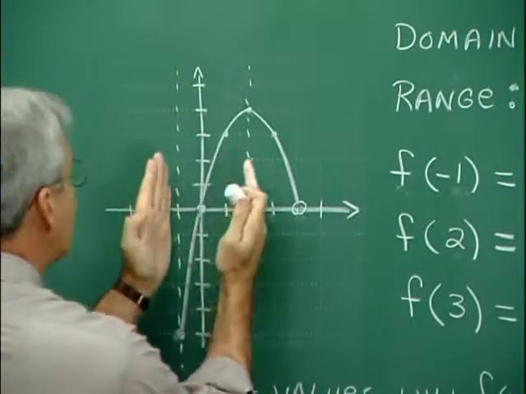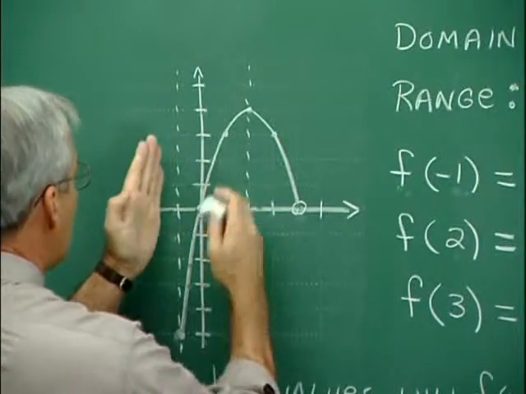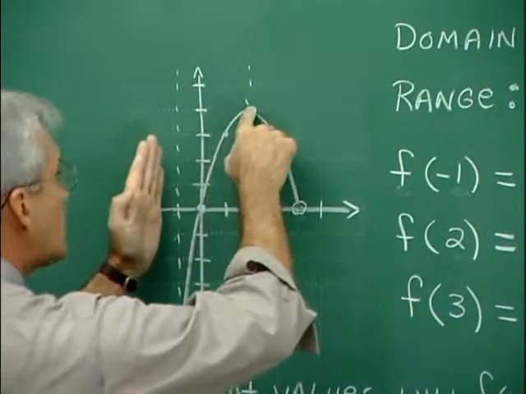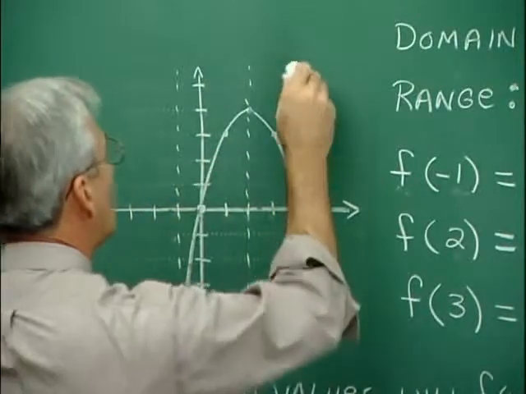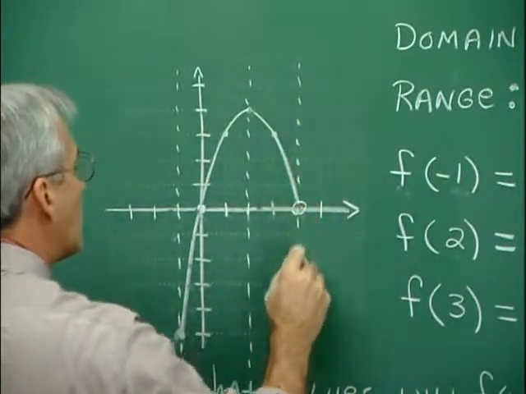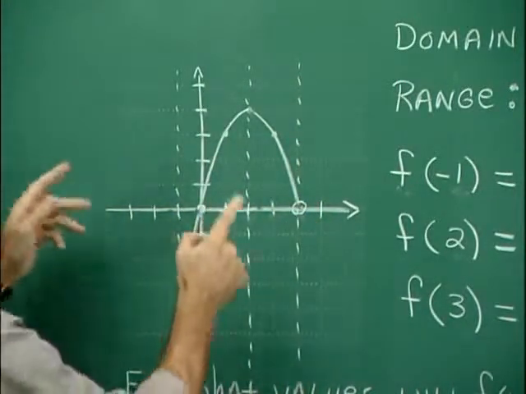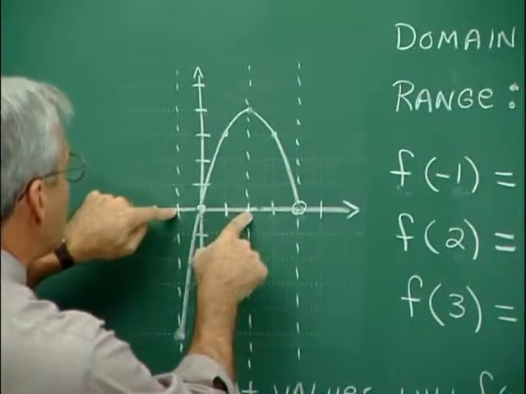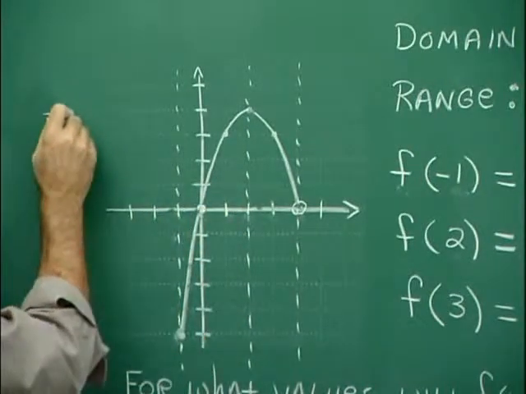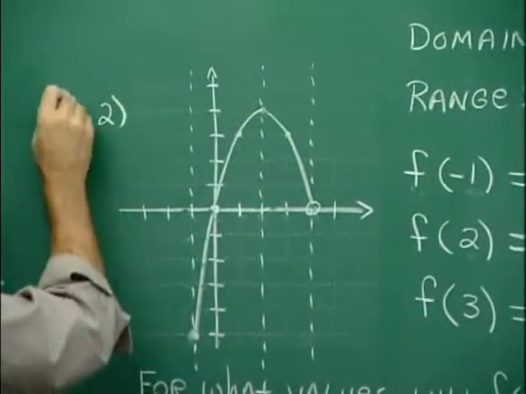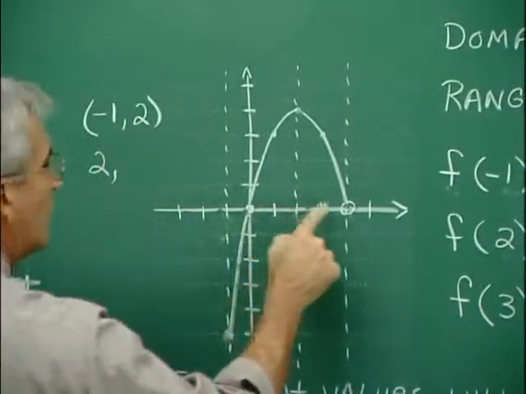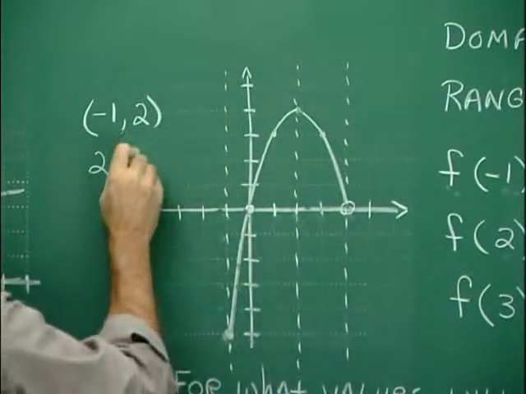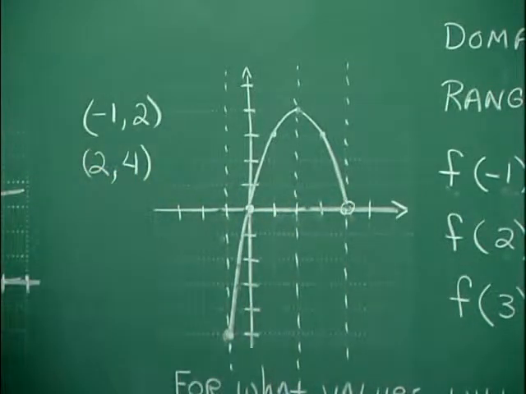So within this interval on the x-axis, the graph is increasing. And within this interval, it is decreasing. So it's the idea that from -1 to 2, it is increasing. And from 2 to 4, it is decreasing.